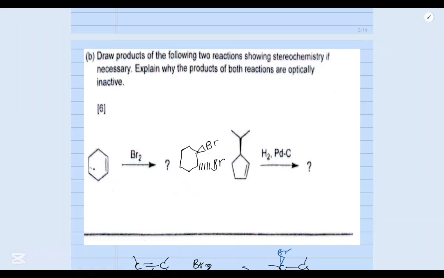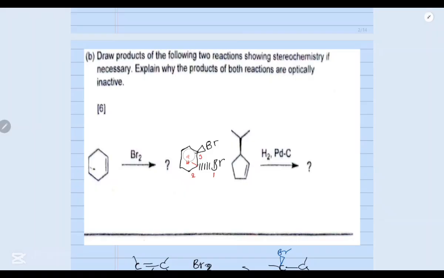This is because this product has two chiral centers. This one is a chiral center connected to 4 different groups. If you check here, we have the hydrogen here. So we have group 1, this, another group 2, 3, and 4, the hydrogen. So we have one chiral center here.